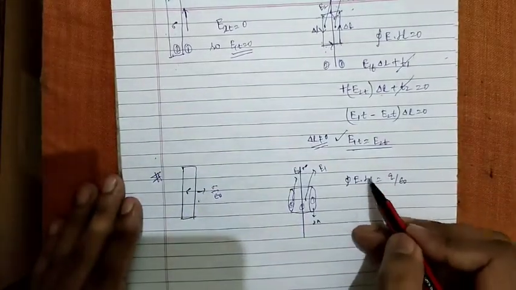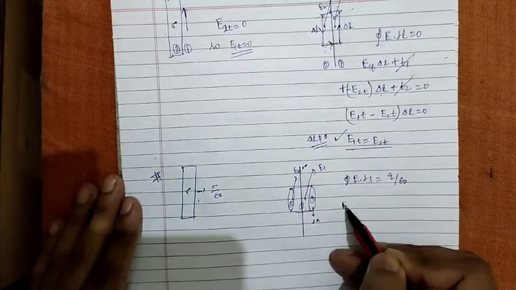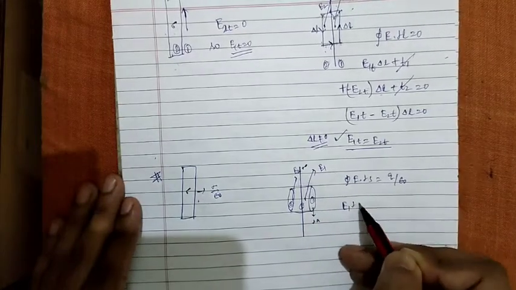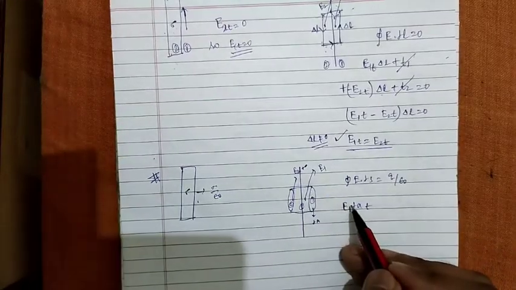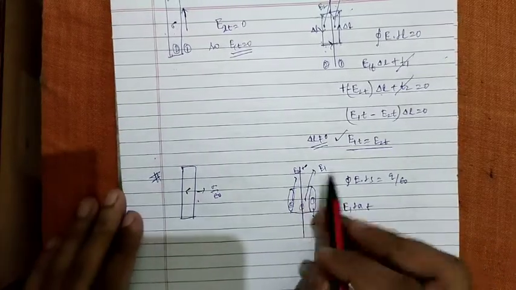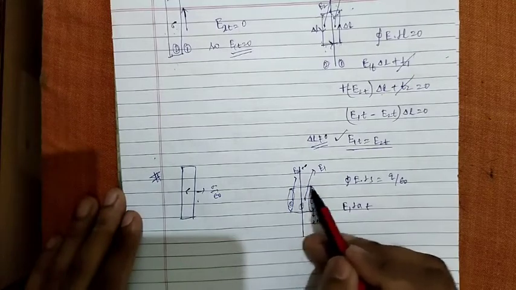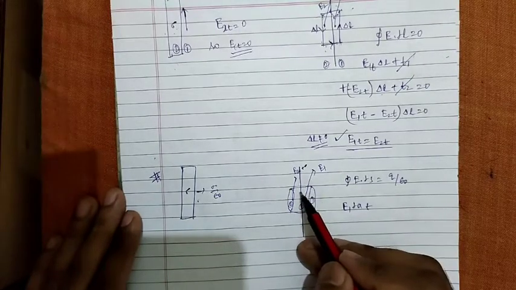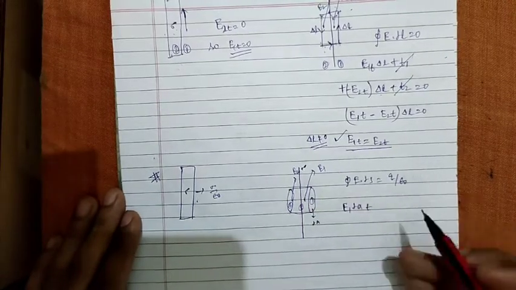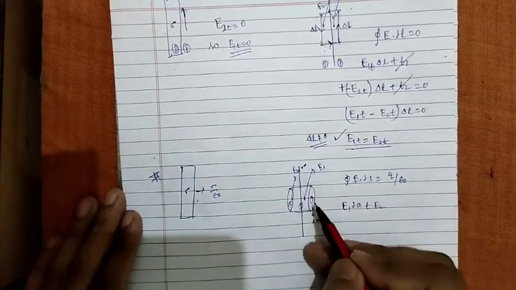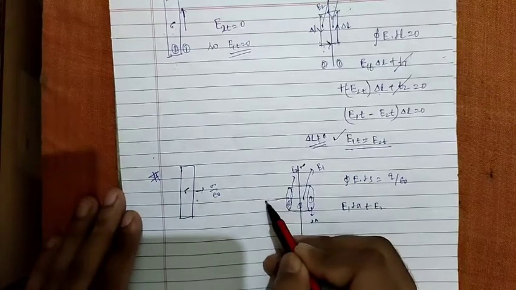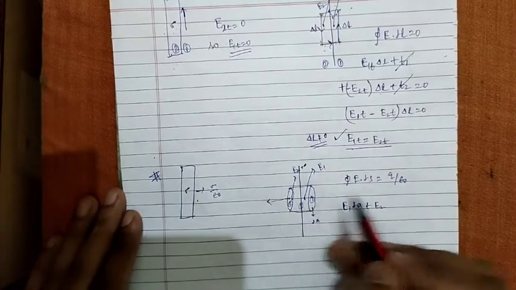So the electric field due to surface 1 is E1 dA, plus, with the same trick we played here, we will say that this length is so small it will tend to 0, so I am not writing this, plus E2, and the area vector component is on this side.